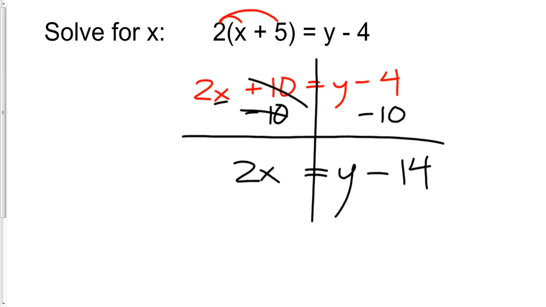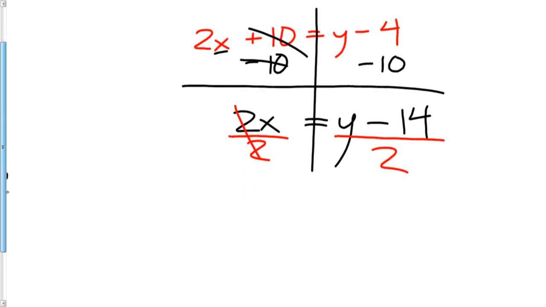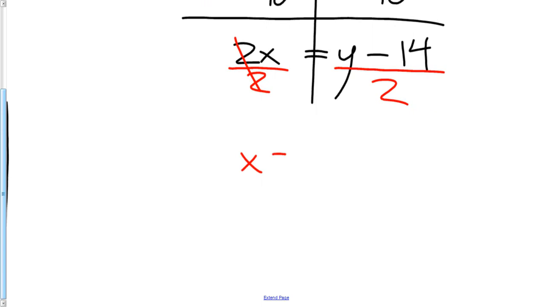Now you can divide the entire quantity by 2 if you want to. x equals y minus 14 all over 2. Here are some other options. So this is one possible answer.